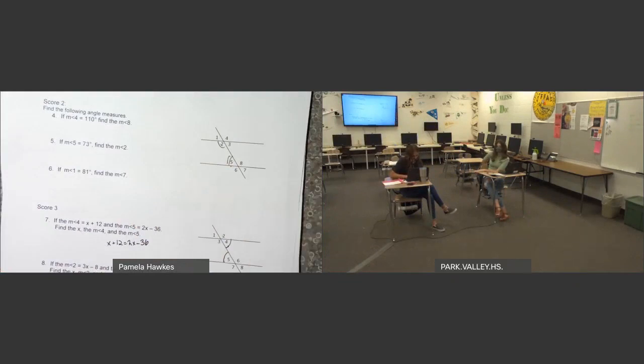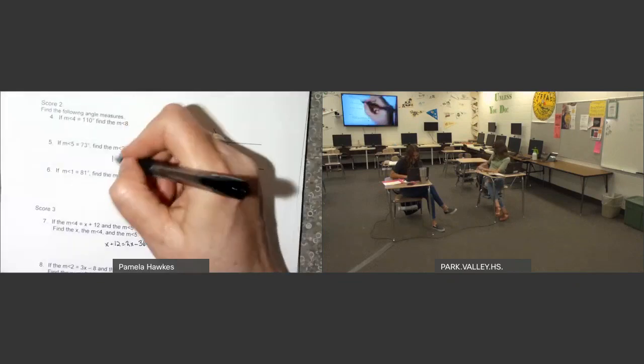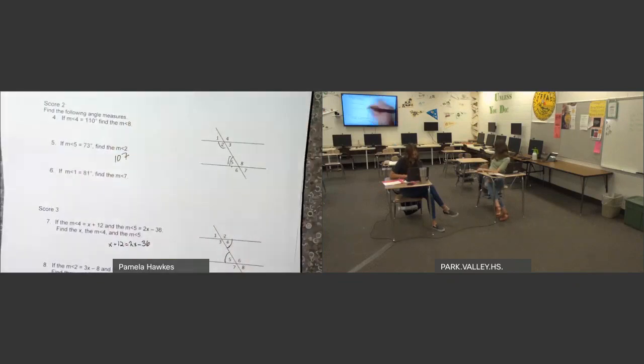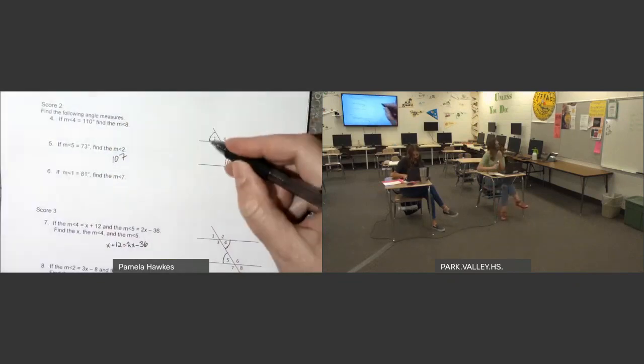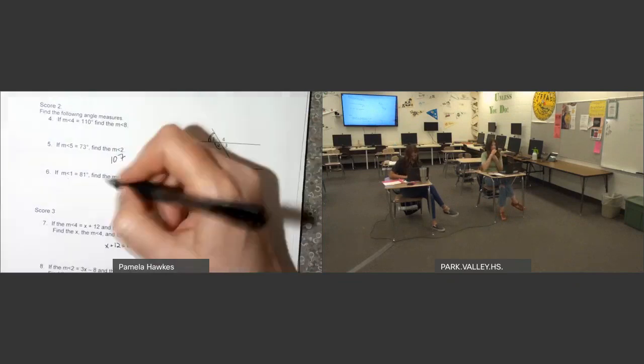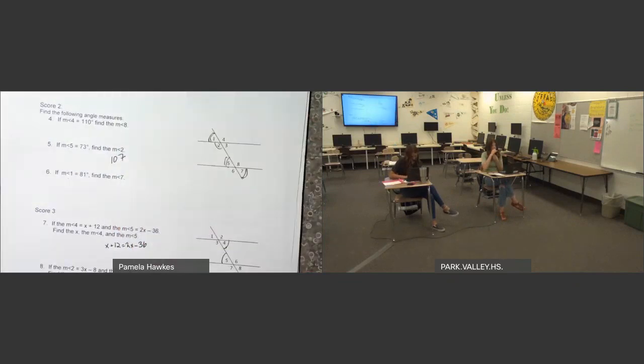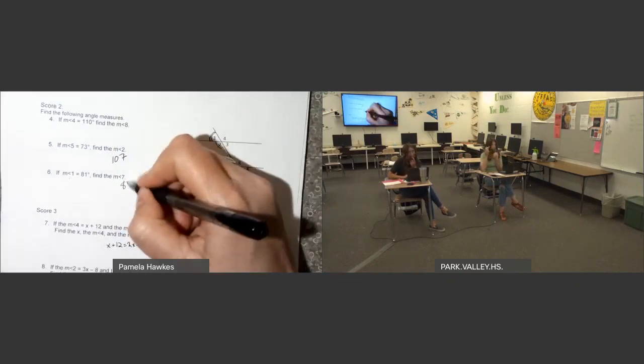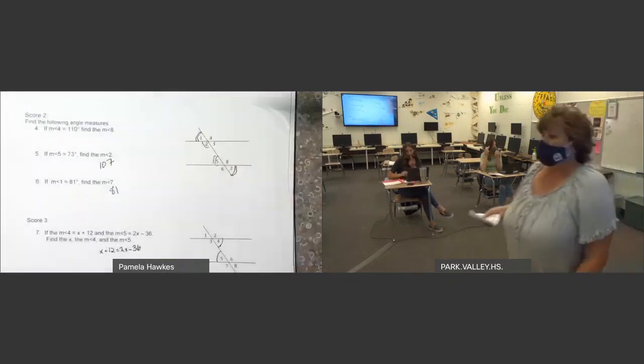Tell me how I figured it out. 107. Very good. What about 1 and 7? And what do we know about alternate exterior angles? Congruent. So angle 7 is how big? 81 degrees.